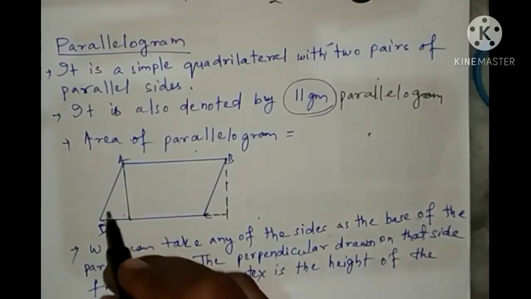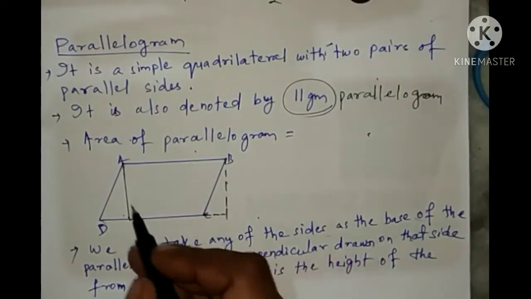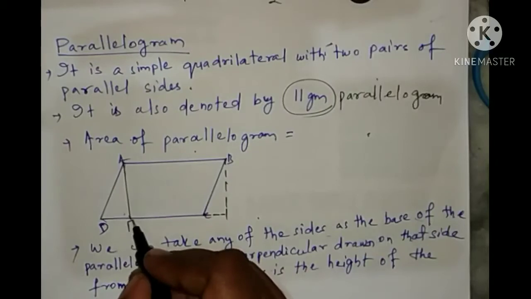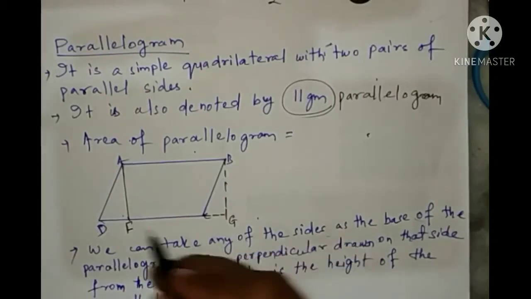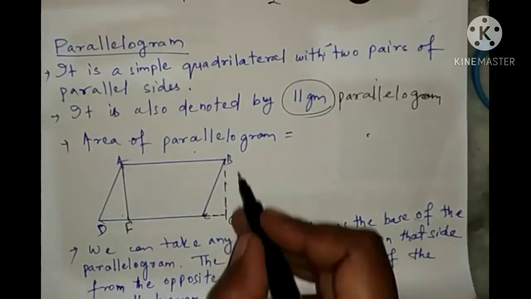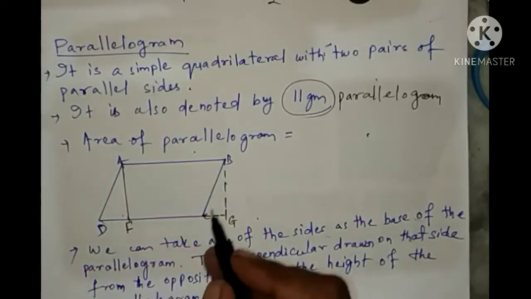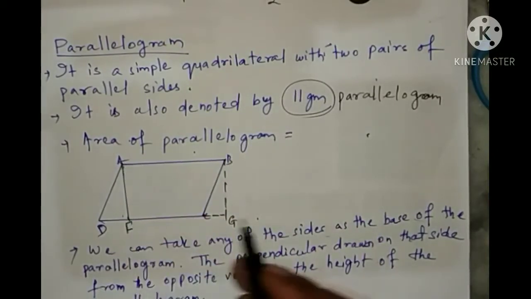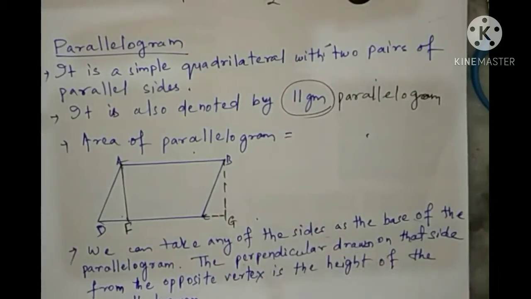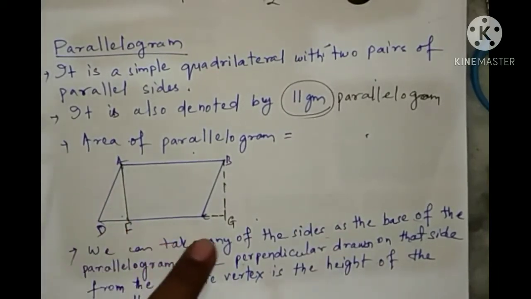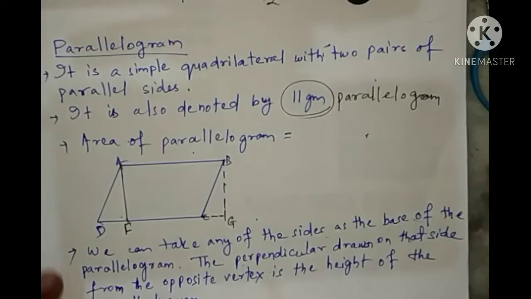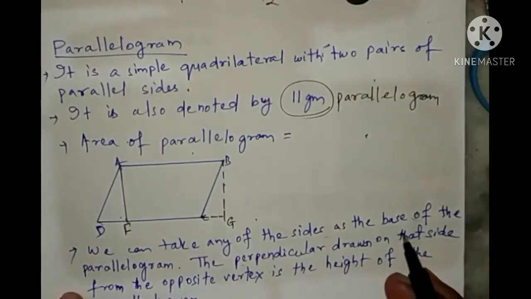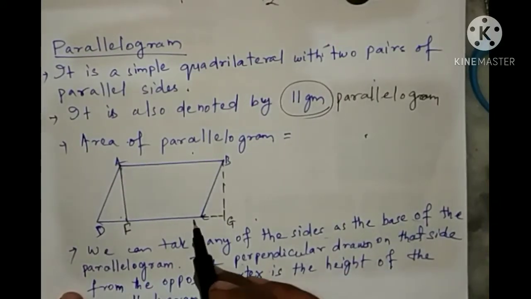So what are we getting? This AFGB has become this ADCB. I had made from this, what had I made? AFGB, one rectangle.